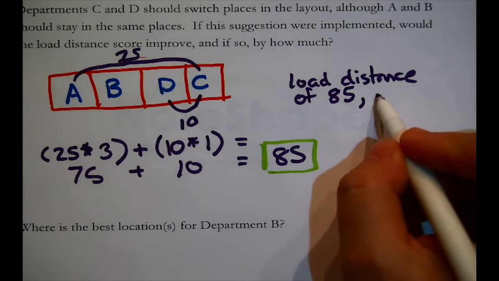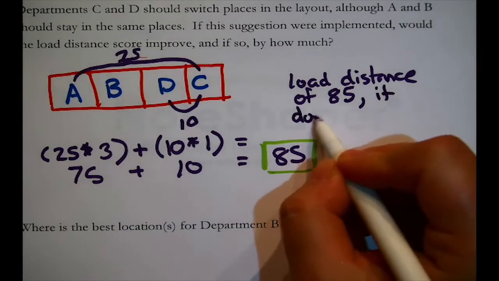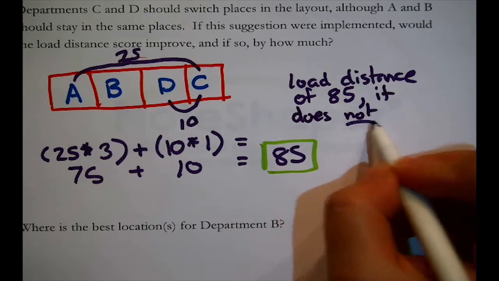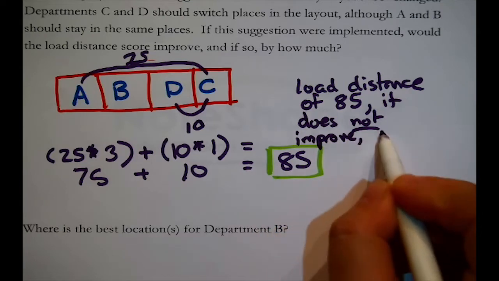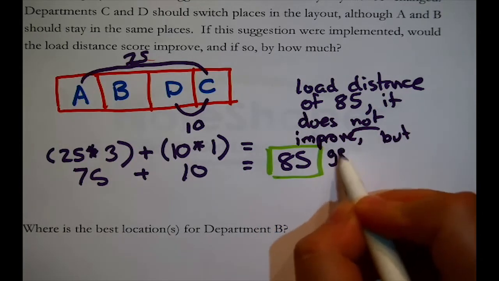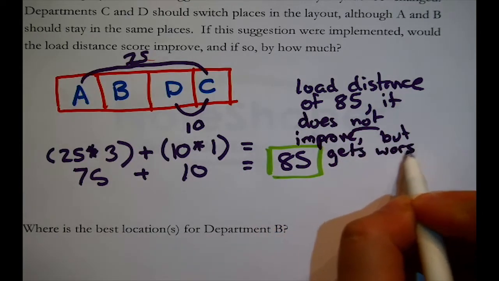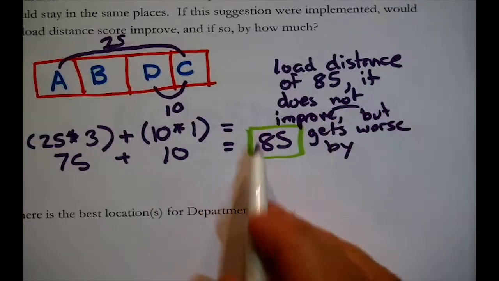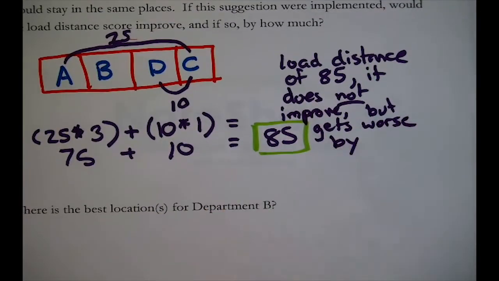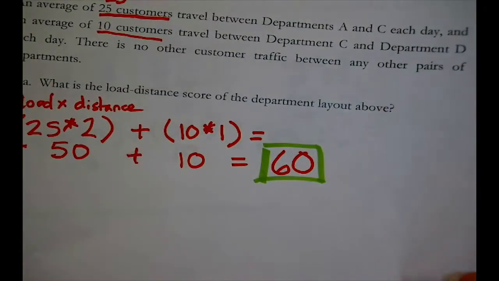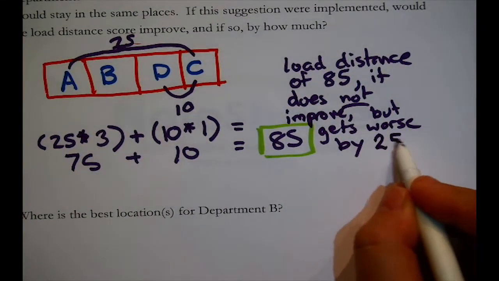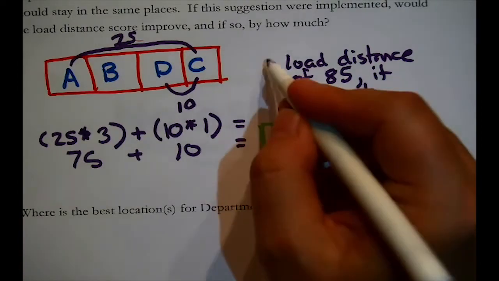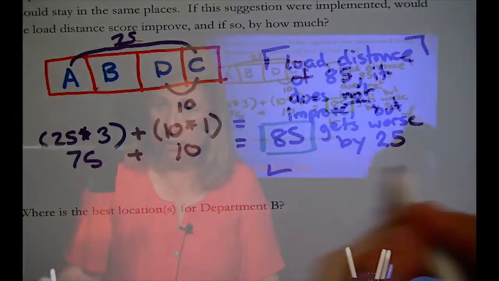It does not improve, but gets worse by, let's see, 85 minus 60, 25. The score has gotten worse by 25. And that is essentially our conclusion there.